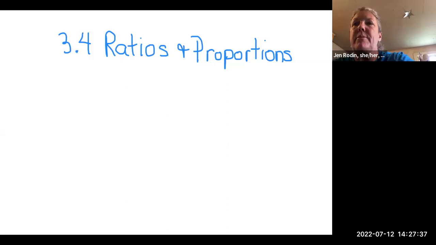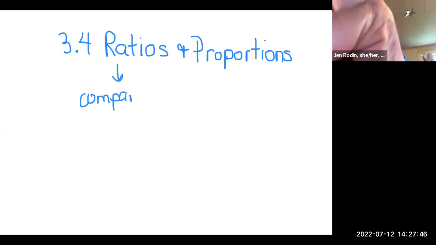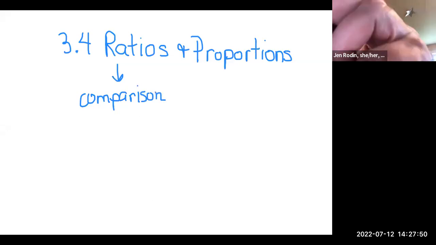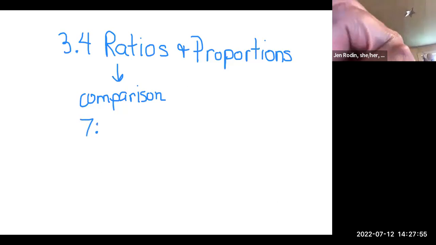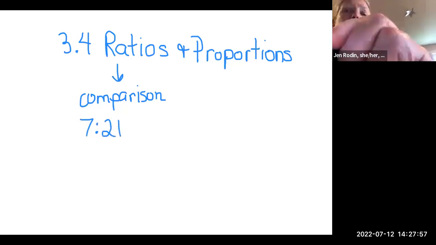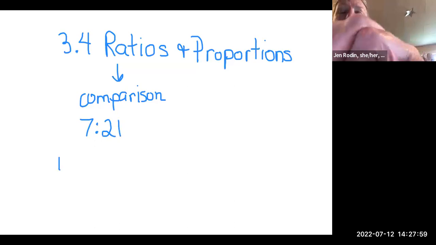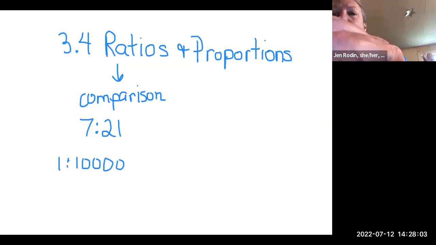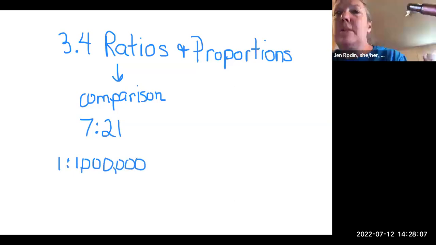But anyway, ratios and proportions. A ratio is a comparison of one number to another, and we've just been working on some already. So you'll see that's not going to be very tricky. You could write it this way, let's say 7 to 21. Or like we see it in odds, like even on a cereal box or a lottery ticket. There, your chance of winning is 1 in a million.